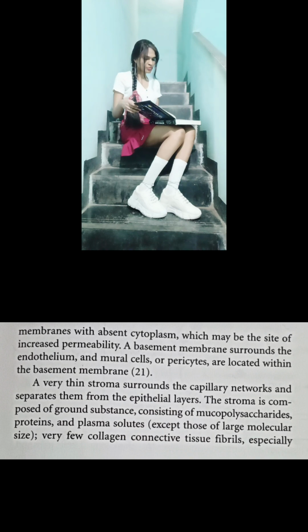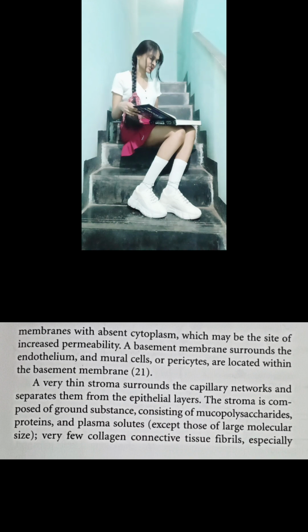A very thin stroma surrounds the capillary networks and separates them from the epithelial layers. The stroma is composed of ground substance consisting of mucopolysaccharides, proteins, and plasma solutes, except those of large molecular size.